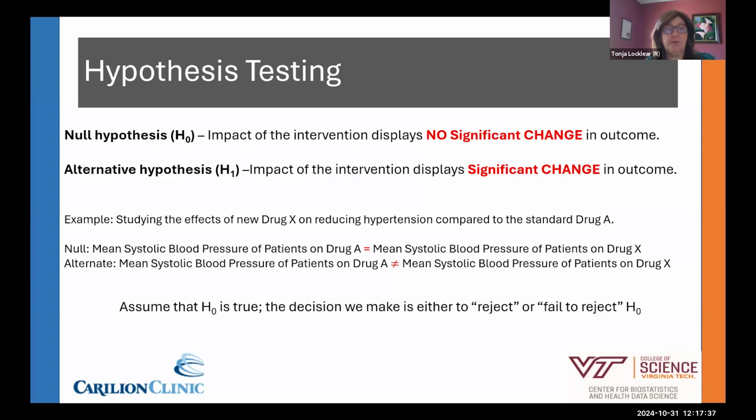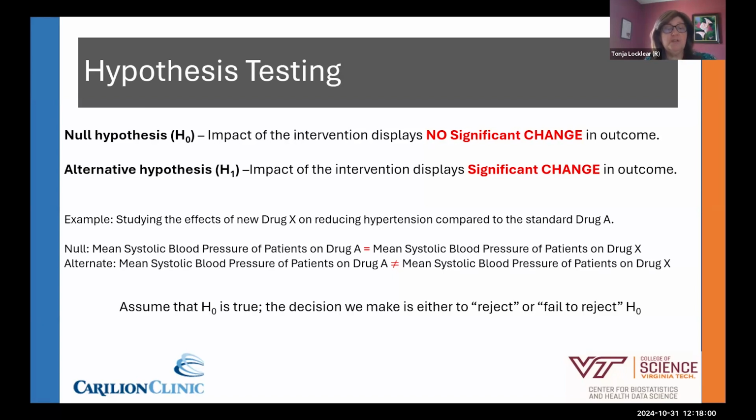But with an alternate hypothesis, you have some reason to believe that there is going to be a difference in this new drug and the impact that it has on hypertension. So your alternate hypothesis is that this intervention is going to make a significant change in the outcome, a significant change in the systolic blood pressure of a patient.